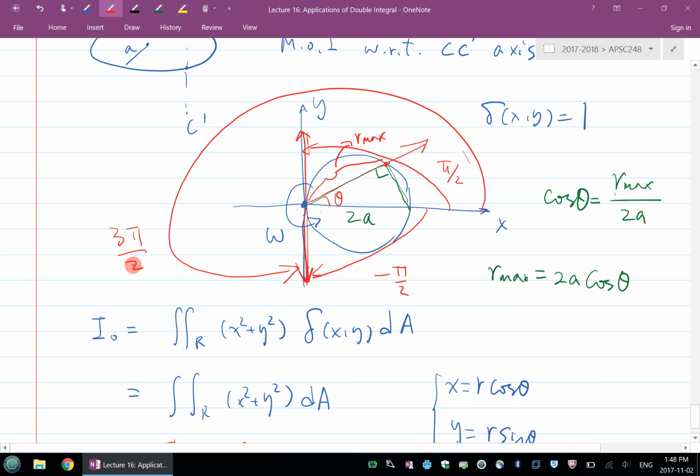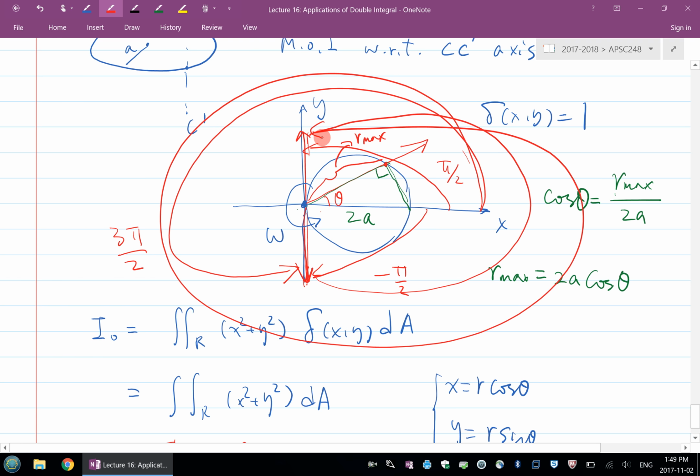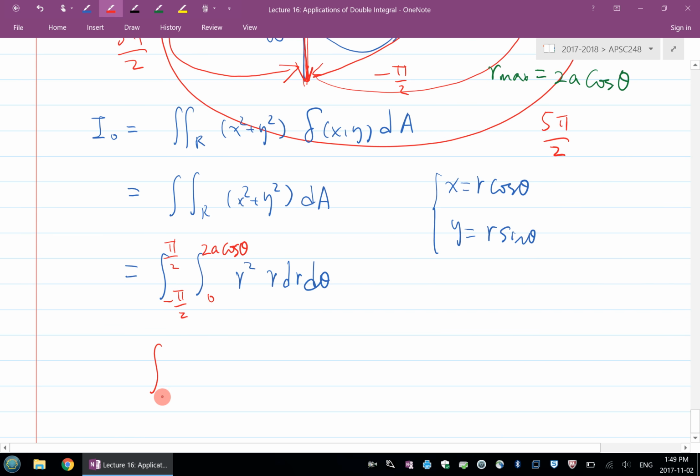And then you keep going from here, all the way up to this. So how much from here up to this? 5 pi over 2. So alternatively, this angle could be 3 pi over 2 to 5 pi over 2.